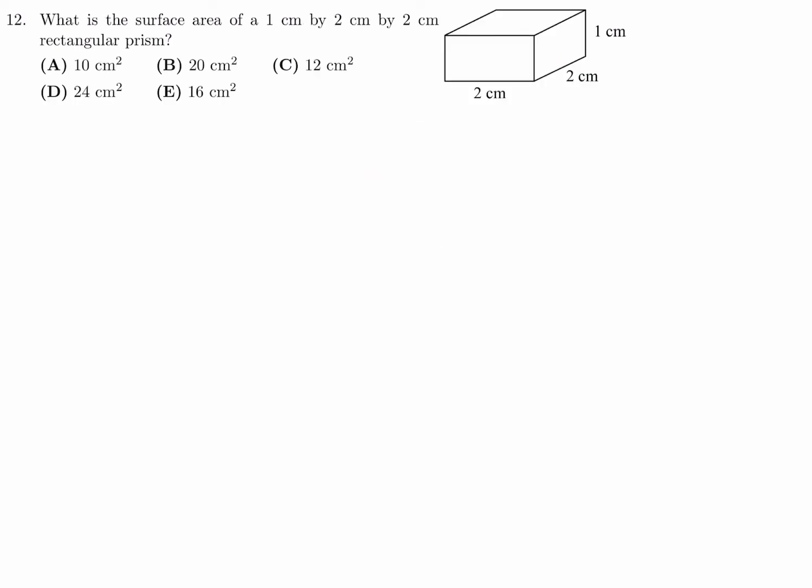What is the surface area of a 1 by 2 by 2 rectangular prism? So surface area would be that times 2, because you have to keep in mind the other side. So that looks like a 2 by 1. We got to multiply that by 2. Then add to this side, which would be again a 2 by 1. There's 2 of them. There's one on the other side.